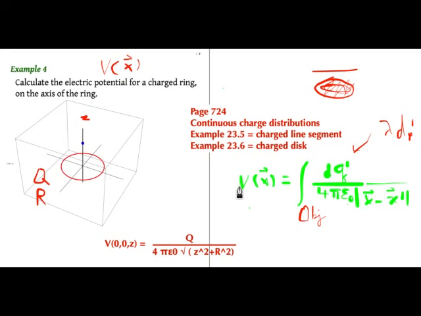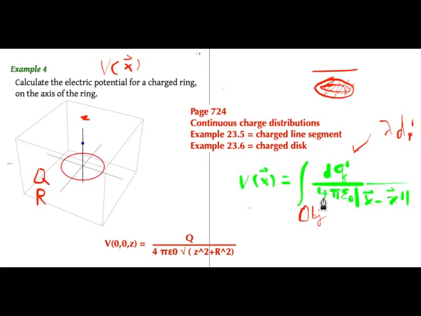Now what makes potential easy is that it's a scalar. So actually for this problem, x minus x prime is the same at all points around the ring. No matter where I am in the ring, the distance to the point on the z-axis is the square root of r squared plus z squared.